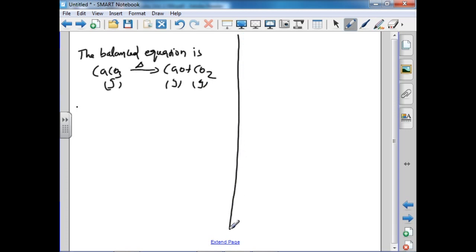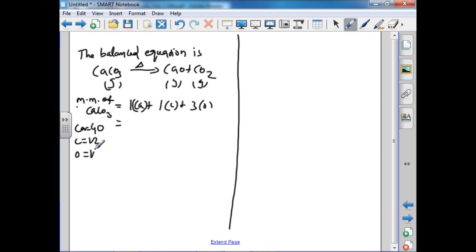First we are going to calculate the molar mass of calcium carbonate. Equal to 1 atom of calcium plus 1 atom of carbon plus 3 atoms of oxygen equal to relative atomic mass of calcium 40, carbon 12 and then oxygen 16.